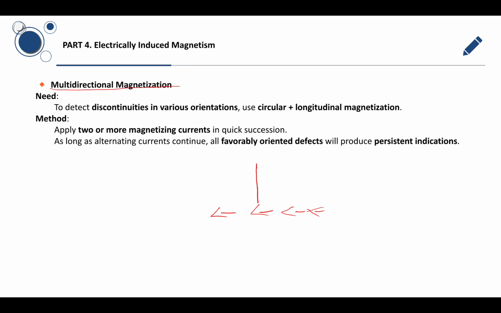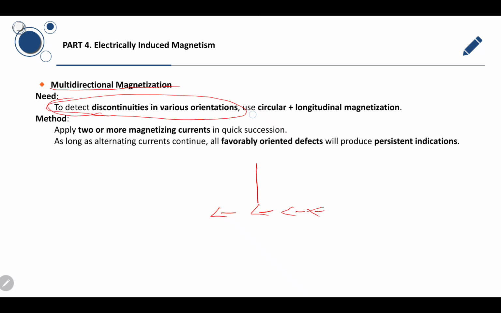The primary reason for utilizing multidirectional magnetization in magnetic inspection is to detect discontinuities in various orientations. This is the main reason.